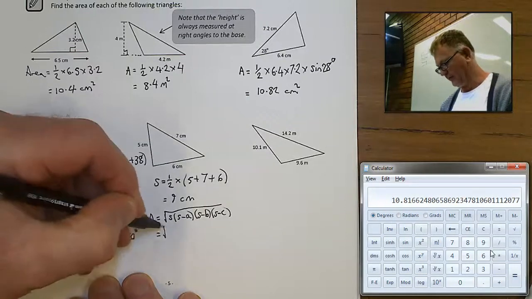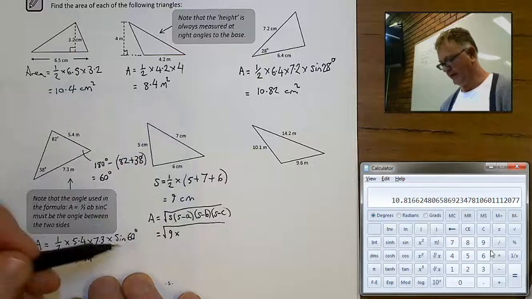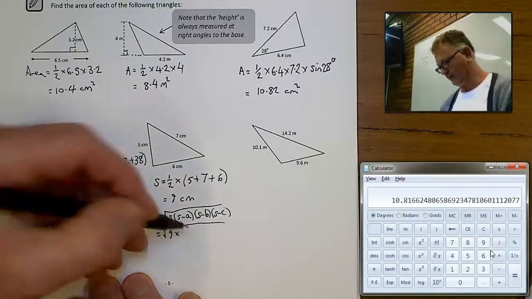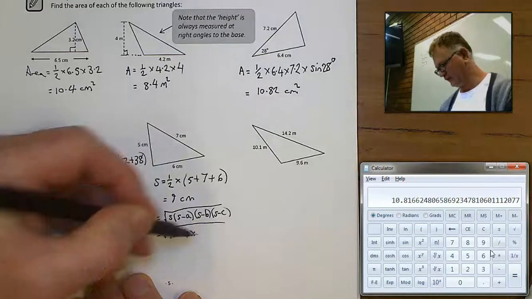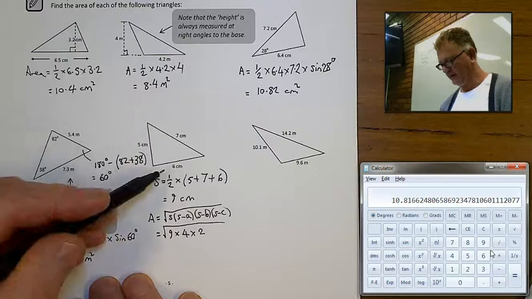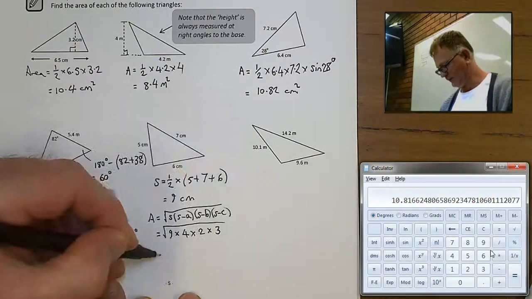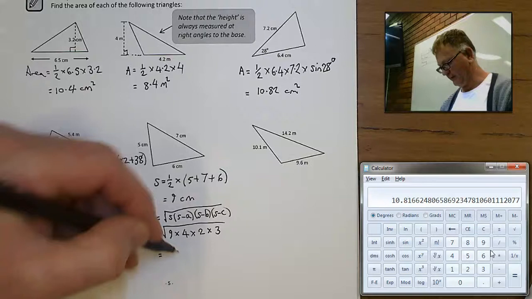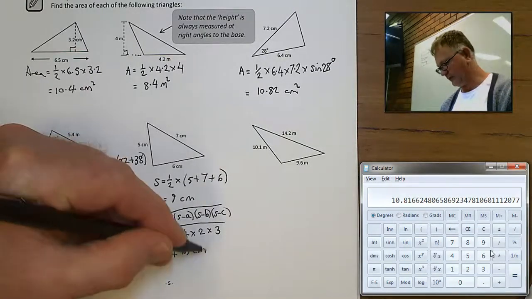So it's the square root of S, which is 9, times 9 minus each side. 9 minus 5 is 4. 9 minus 7 is 2. And 9 minus 6 is 3. I've done this beforehand. You can do it. Make sure you do that. Press equals and then find the square root of it. You'll end up getting 14.69 centimetres squared.